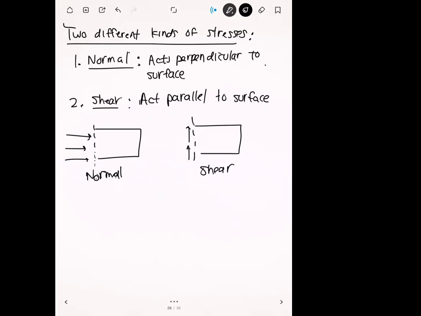In fact, we have these two different kinds of stresses, and they can also act in different directions as well. And so by directions, what I mean is the Cartesian directions.